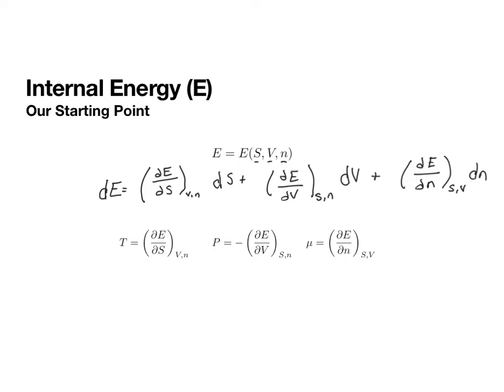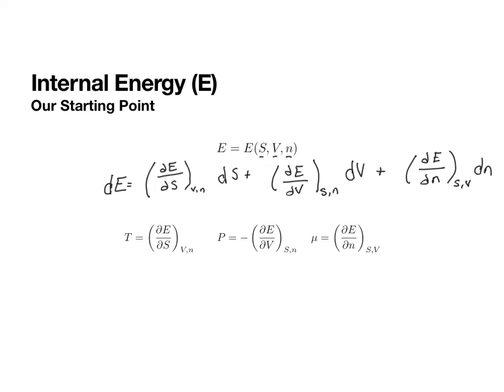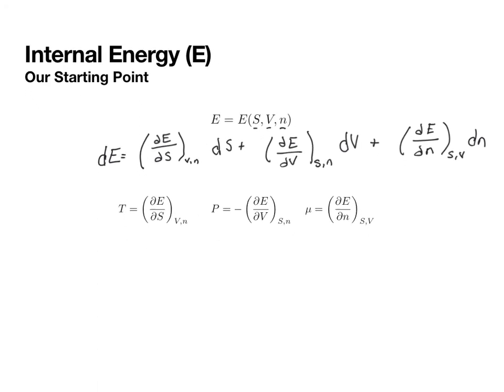Now, we have our terms that we defined, and it turns out that these terms are in our total differential. And so this allows us to make some substitutions, arriving at dE is equal to T dS minus P dV plus mu dN.